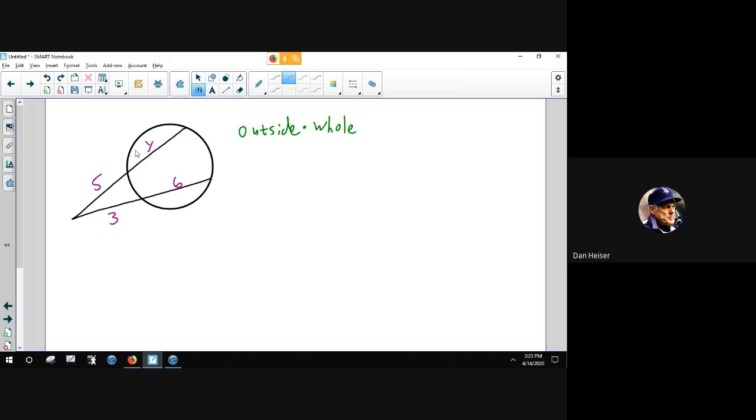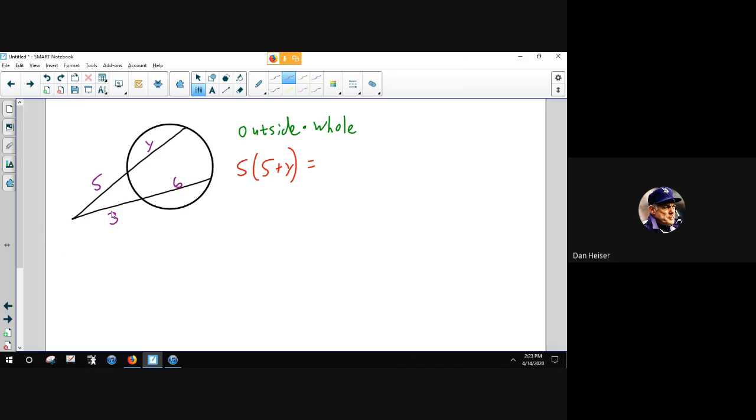The whole is the entire length, 5 plus y. There is our first setup. On the other side of the equation, we follow the same pattern, outside multiplied by whole.